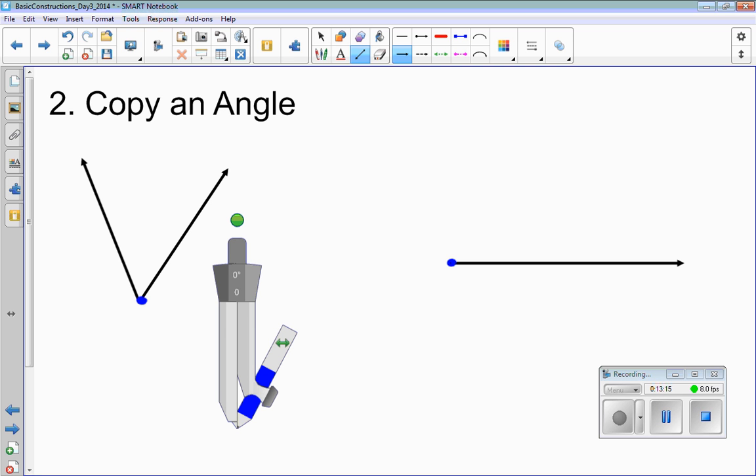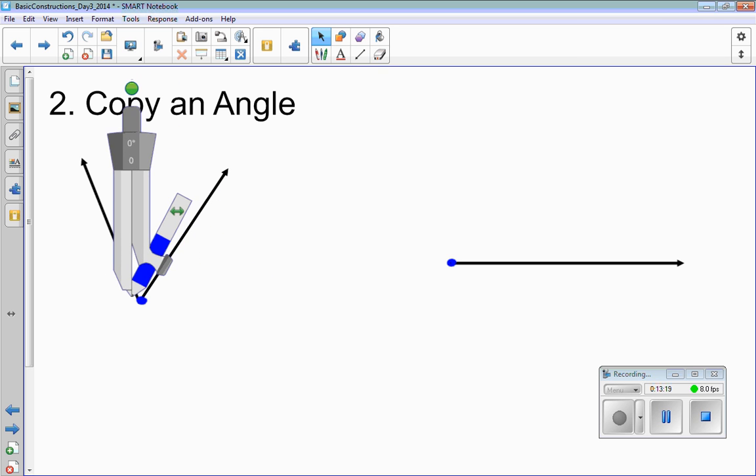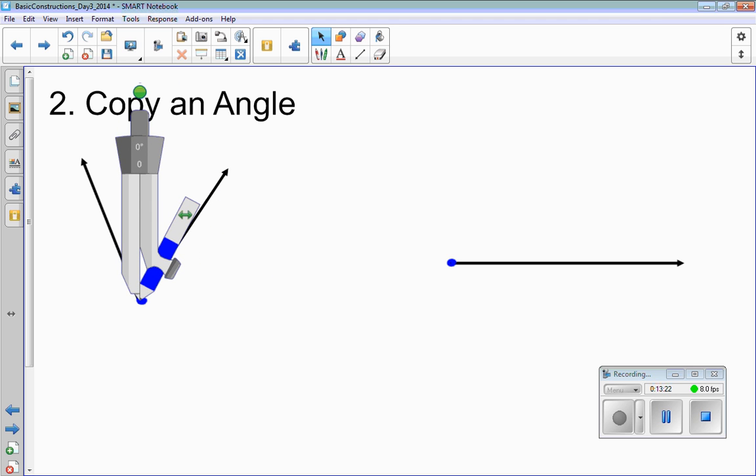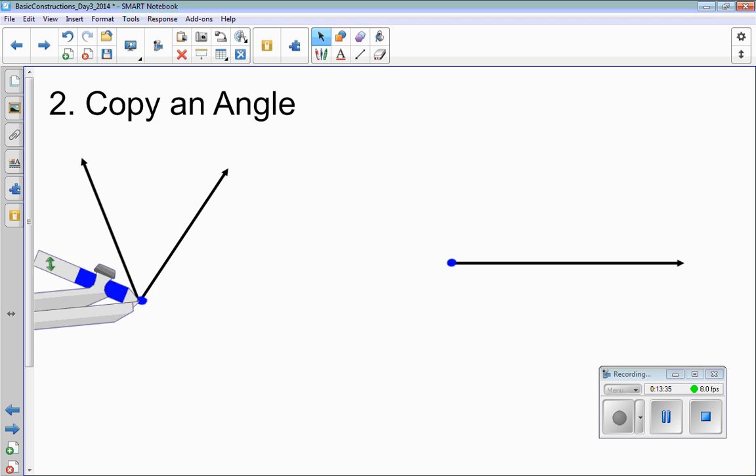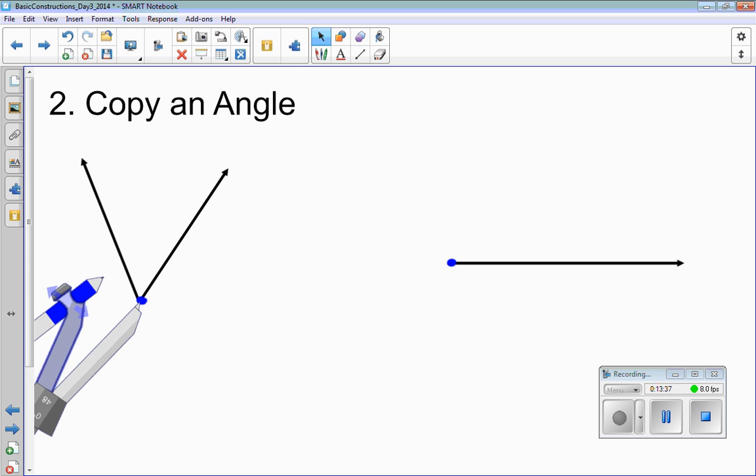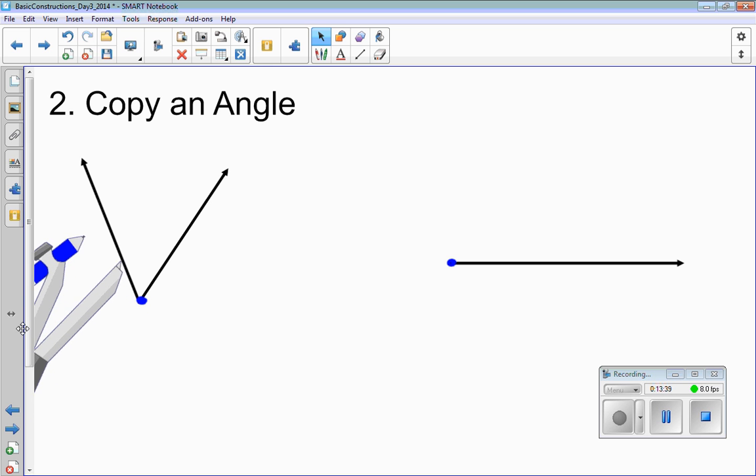So what you need to do is take your compass and put the point, and again, for you slide compass people, put the circle part on the vertex of your angle. Look right through the center of your part. We're going to open our compass a little bit, or if you are a slide person, you're just going to slide your compass around a little bit.